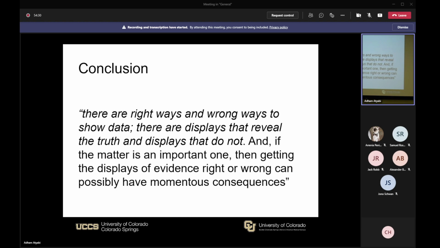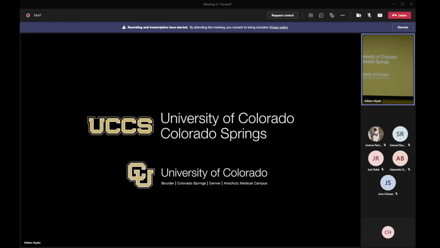There are right ways and wrong ways to show data. There are displays that reveal the truth and displays that do not. And if the matter is an important one, then getting the displays of evidence right or wrong can possibly have momentous consequences. That's it.